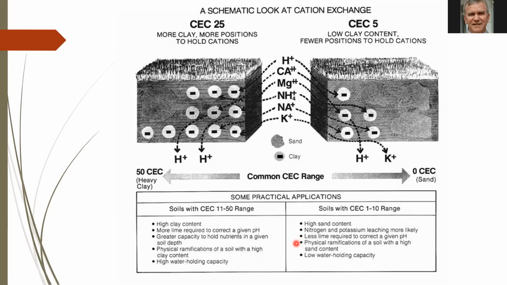And this gives you a management guide as to how you approach the process of changing the pH as a reflection of your soil cation exchange capacity. Your soil cation exchange capacity will be different relative to the texture of your soil. Texture of your soil is the percentage of clay, silt, and sand in your soil profile.